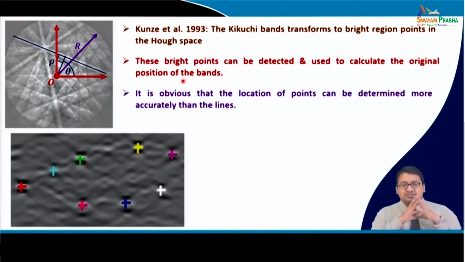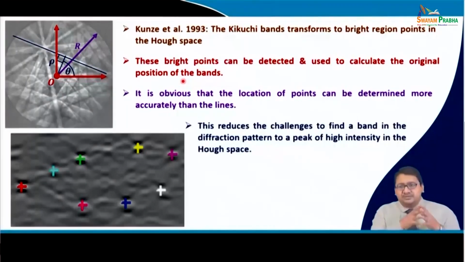So, as I said, it is obvious that locating a point from a diffused band and back determining the band makes it more accurate, right. So, one can determine those Kikuchi bands or lines more accurately.